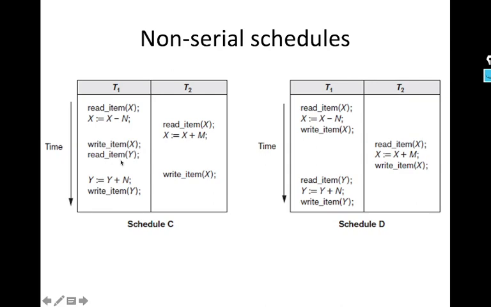After that we read item y. Our y is 90. We write x again, so x will be 89. Now we add y plus n, so 90 plus 3 is 93, and we write y again, so 93 will be written.